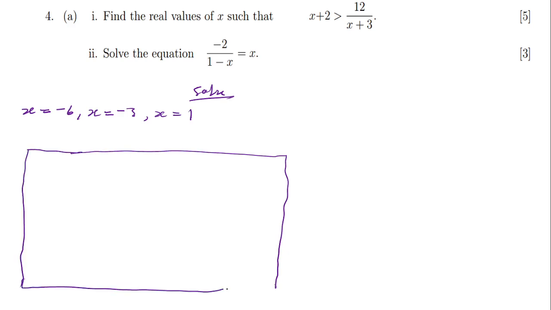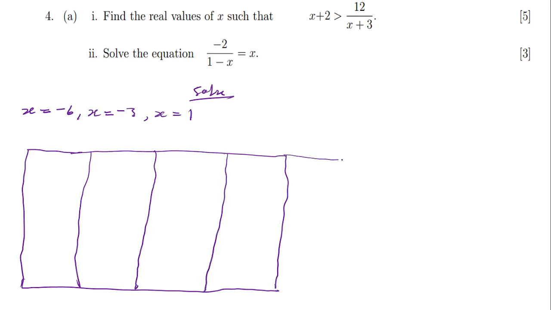So this is how you draw the table. You start with the first part, then you have the second, and then you have that part, and if possible you can also add another part like that, depending on the number of critical points that you have. In our case, we have 3 critical points.